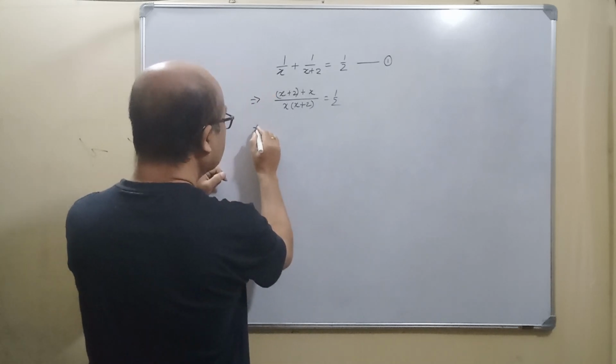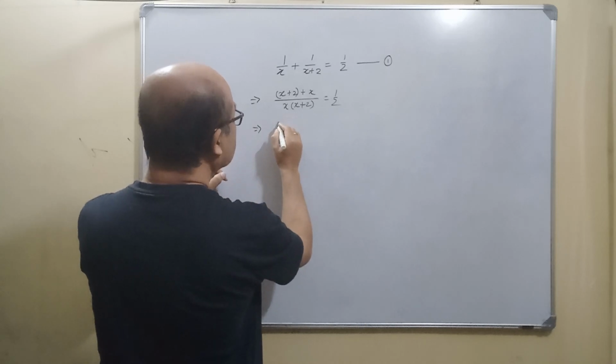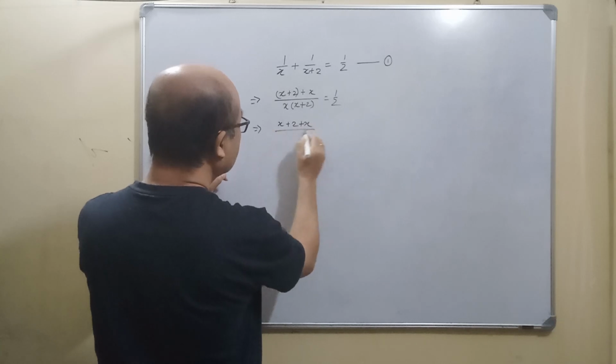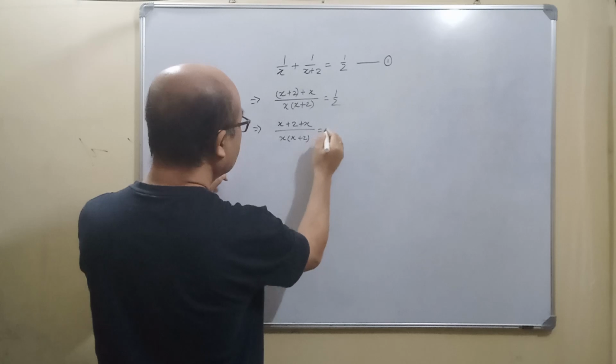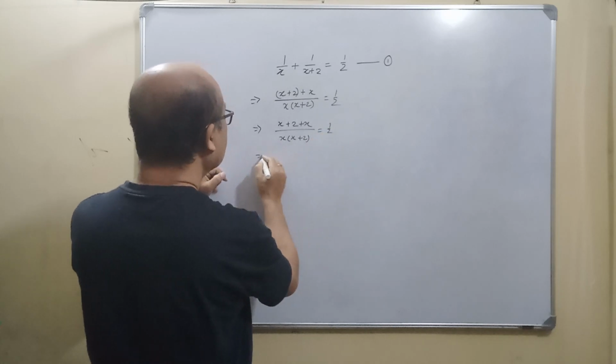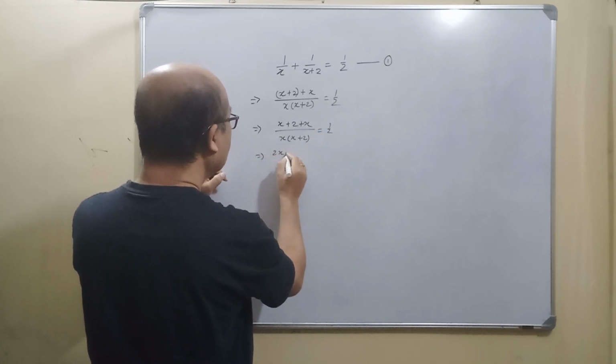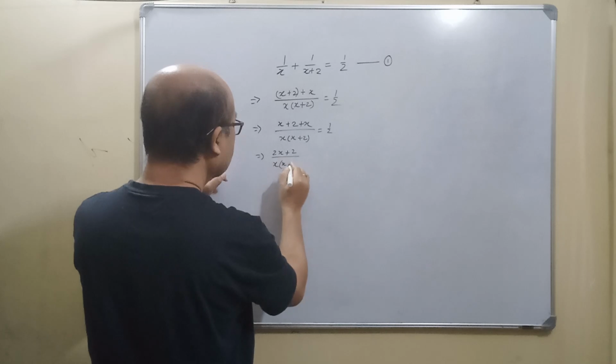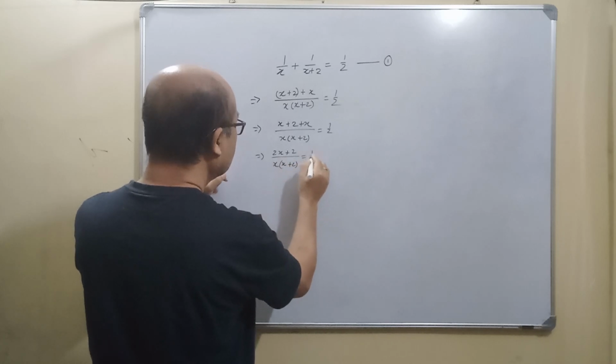So we get this is equal to x plus 2 plus x, over x into x plus 2, is half, which is equal to 2x plus 2 is equal to x into x plus 2 into half.